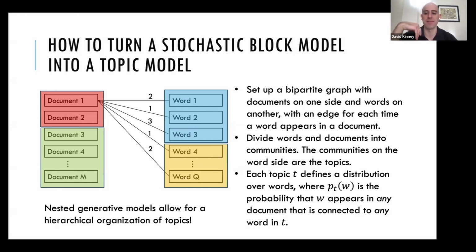So it might be that one word appears in 2 communities, but in documents connected to the first community, the word has a very high proportion of appearances. In documents connected to the second community, the word has a much lower proportion of appearances. And so it has a different probability of being sampled within those 2 communities, right?